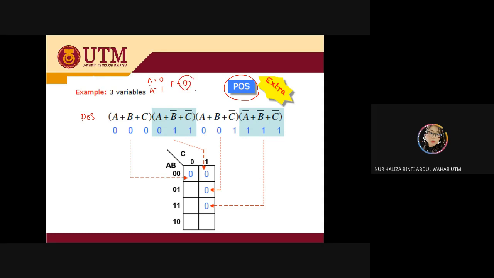That's why later on you're going to map 0 inside, not 1 anymore. So let's take a look at this example. You have the values of A, B, and C, which is three variables. A equal to 0, A bar equal to 1.